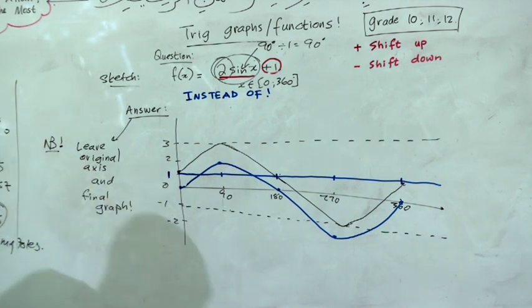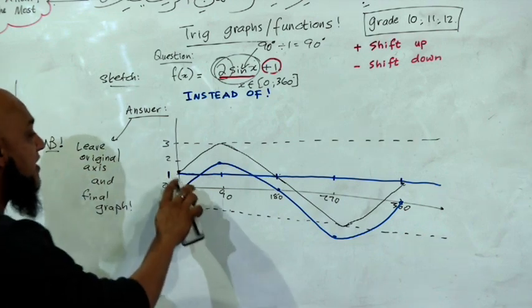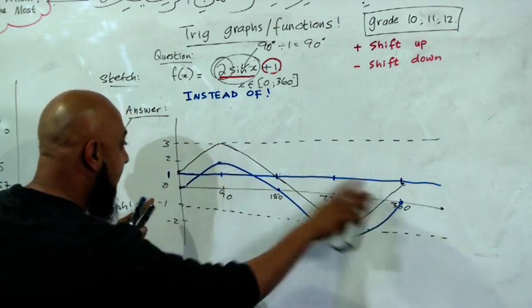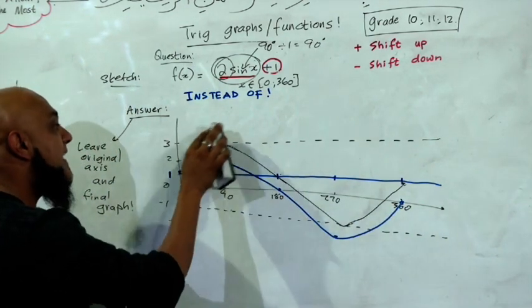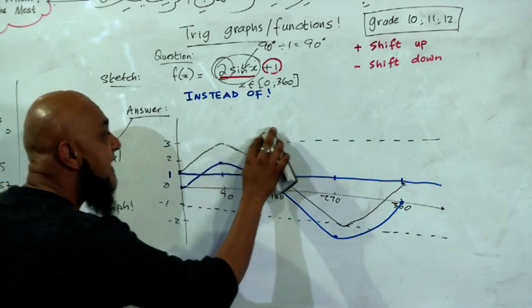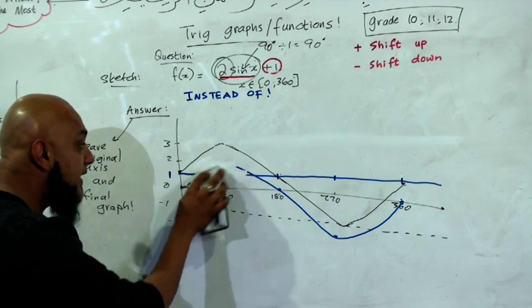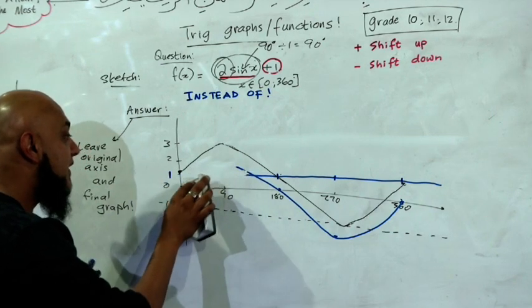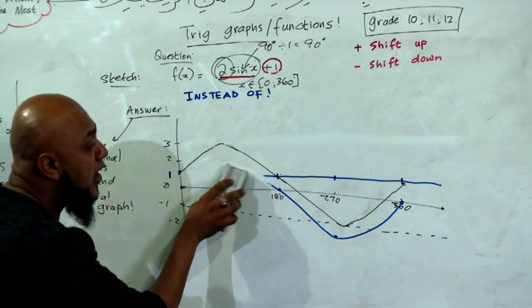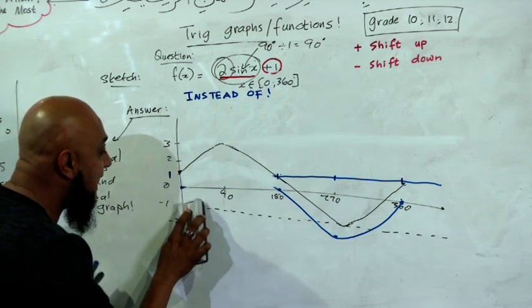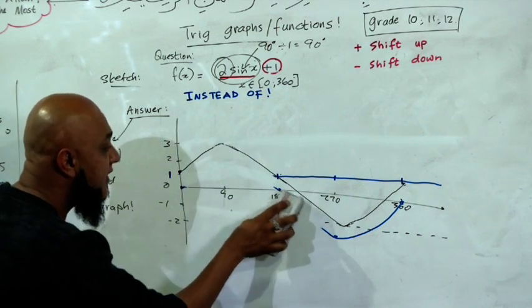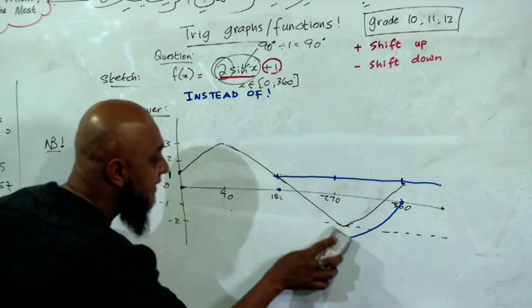We now leave our original axis and our final graph. Everything else gets erased, and you show no trace that you've done this. They will mark it incorrect. They don't want to see it. It's not important. That was for your own guide. Those were your guide rails for yourself, not for anybody else.